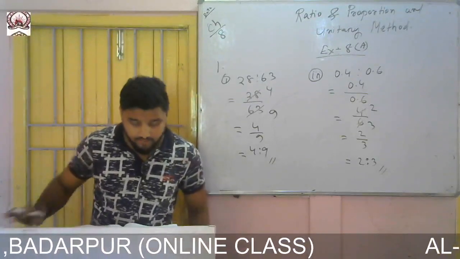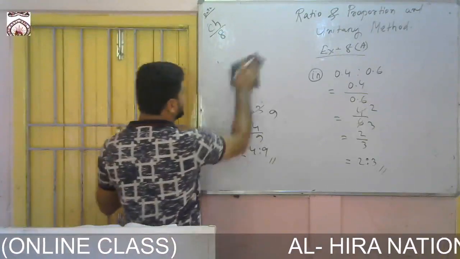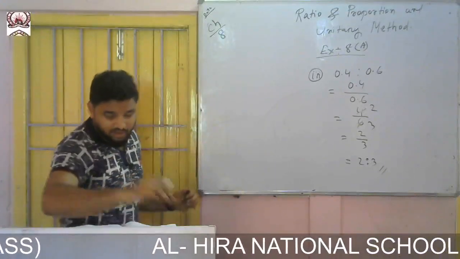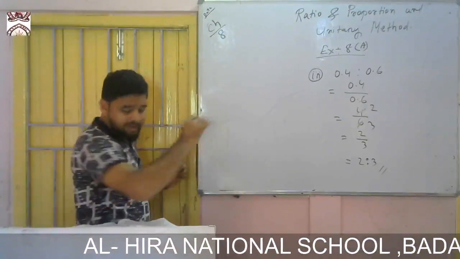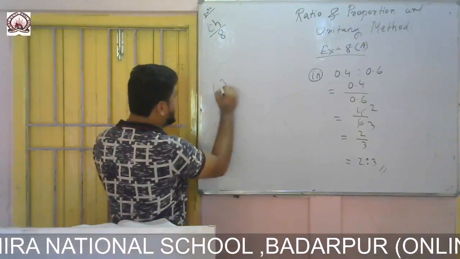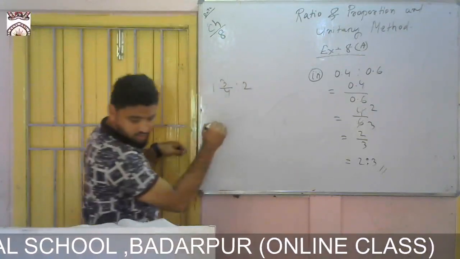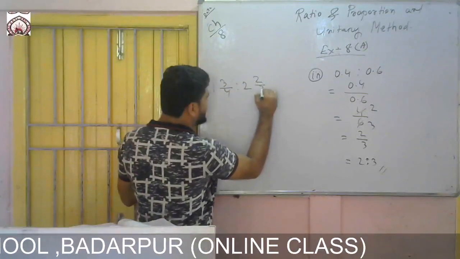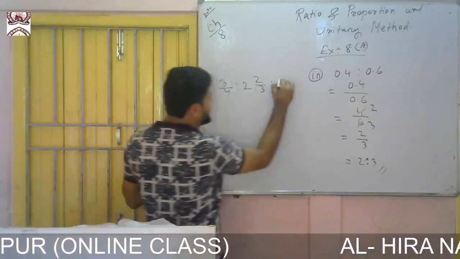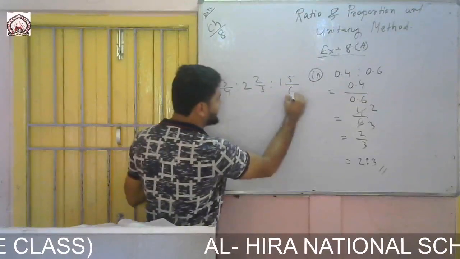Now come to question number 8. So question number 8, what is given? 1 3 by 4 is to 2 2 by 3 is to 1 5 by 6.